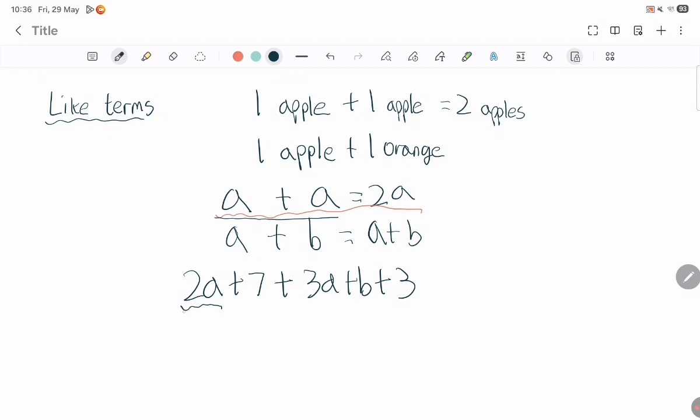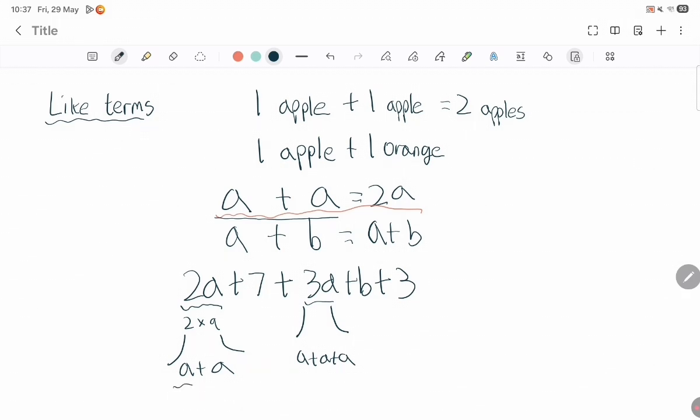So this is basically 2 times a. But when you think about the definition of multiplication, this actually means a plus a. Same goes for 3a. It means a plus a plus a.